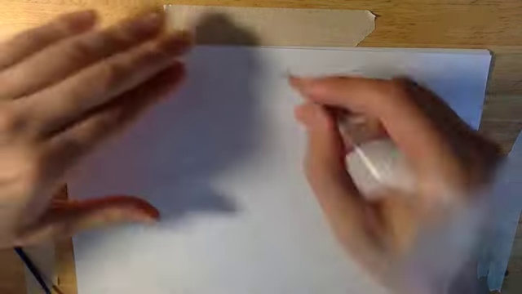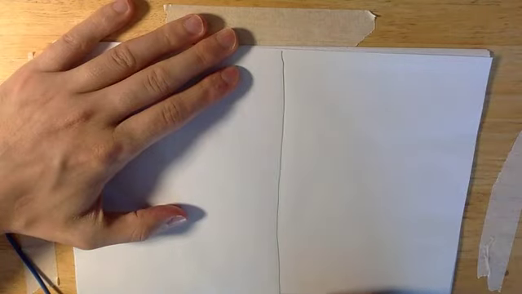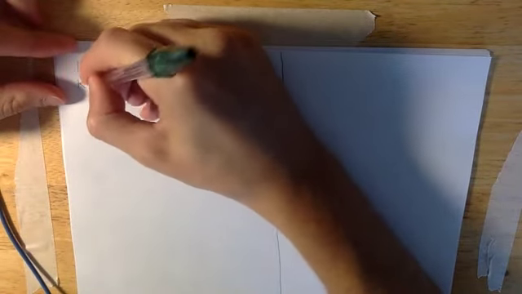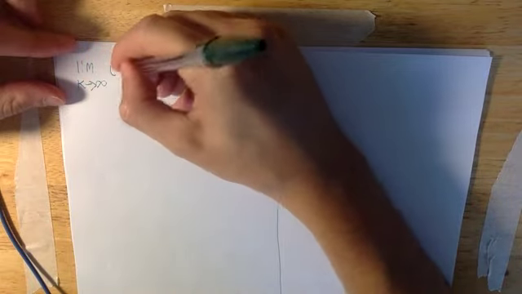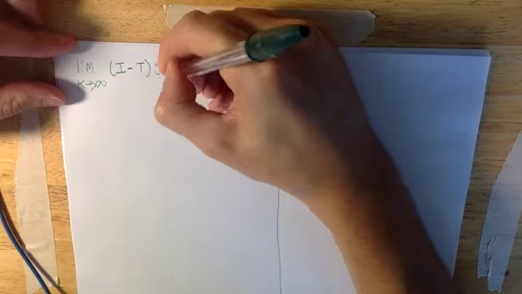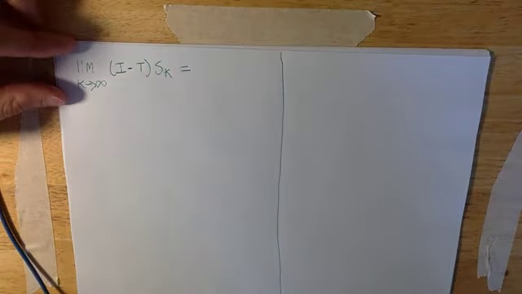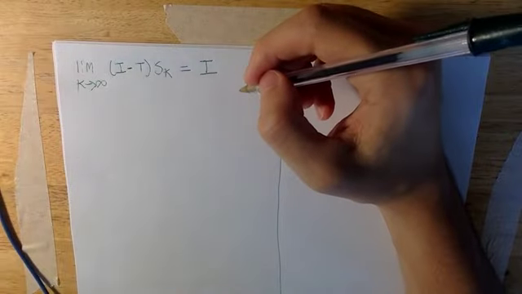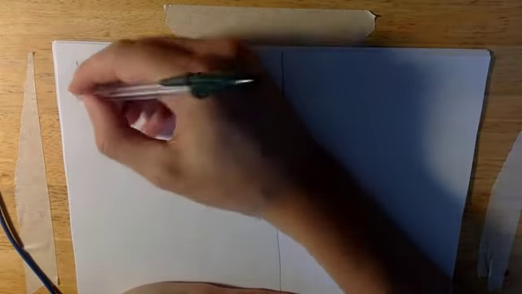Okay, so what we have just shown is that the limit when k goes to infinity of I minus t times s_k is equal to identity.